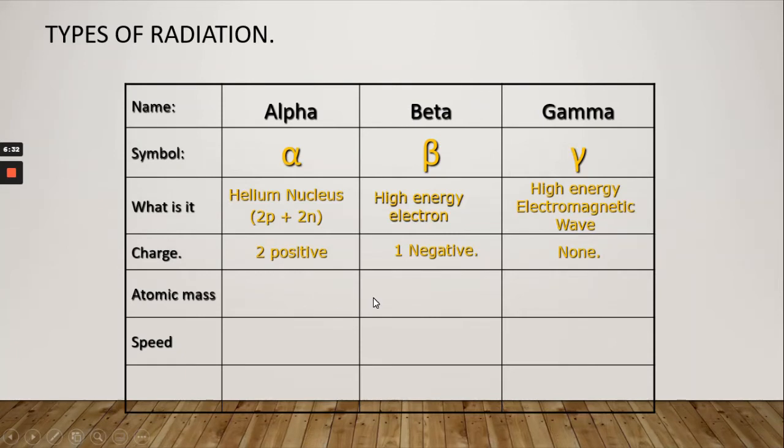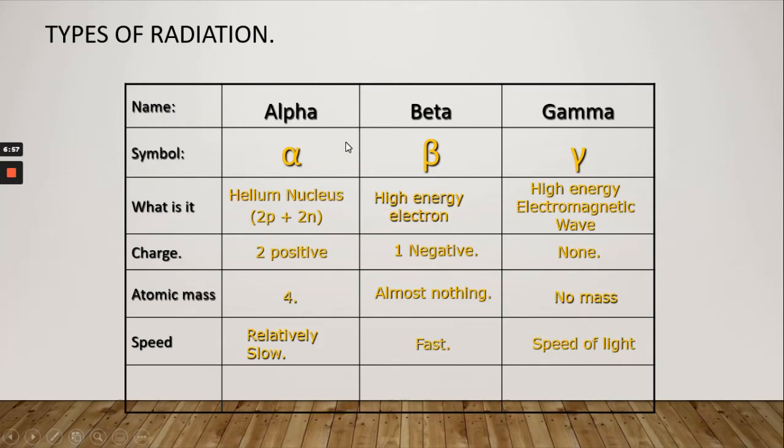The atomic mass, hopefully you might have got that down for alpha, that was 4. Electrons, remember, have a mass of almost nothing, and electromagnetic waves also have no mass. In terms of the speed, we don't need to give a number, we just need to say relatively, so alpha particles are slow, beta particles are fast, but gamma rays are the fastest and they travel at the speed of light. So that gives you an overview of these different types of radiation and what they are.